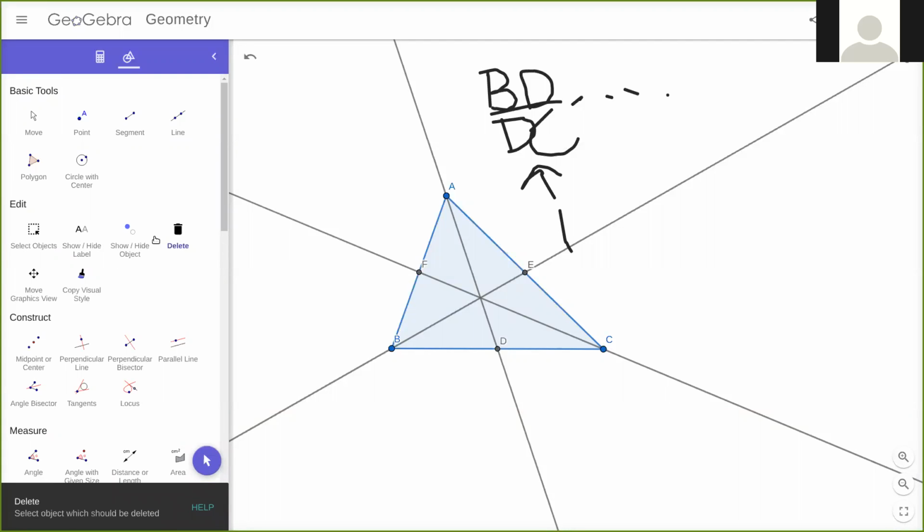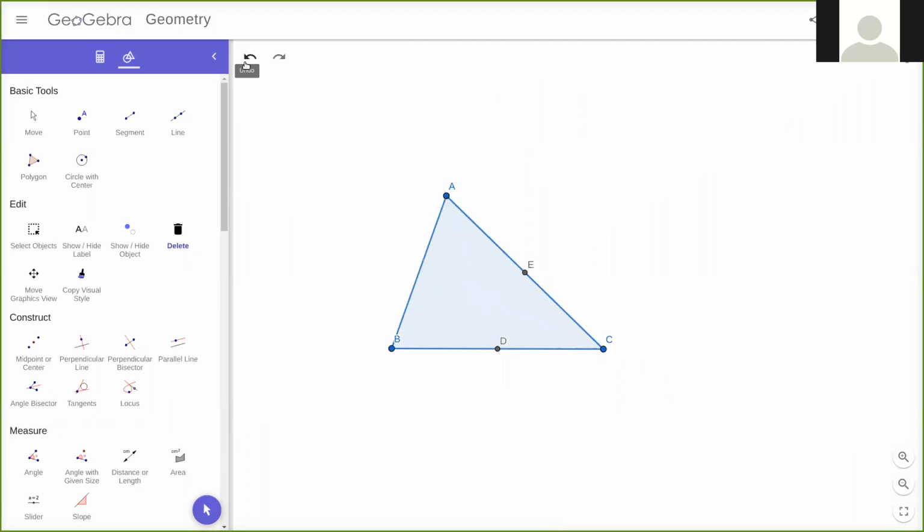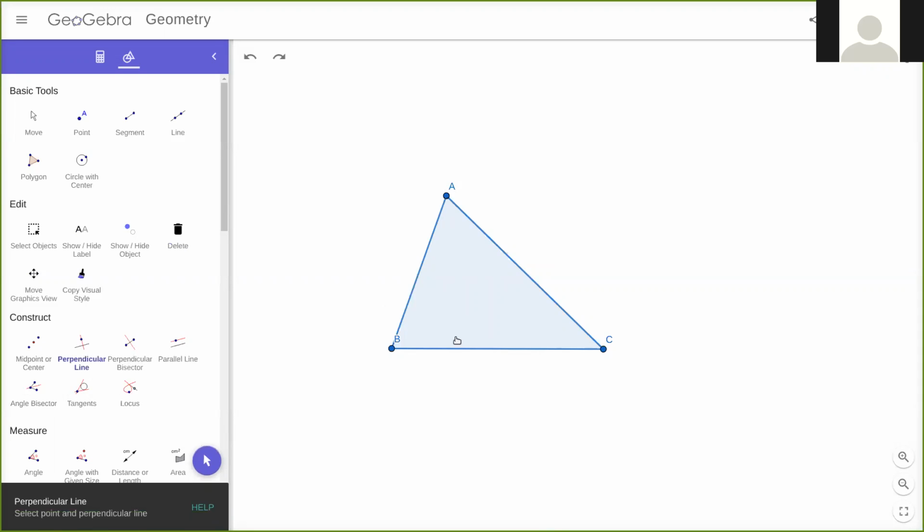What other cevians are there that we can try? What other points do you want to try for D, E, and F? Okay, altitudes.